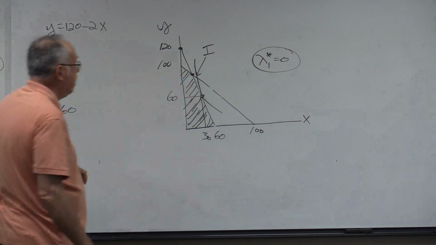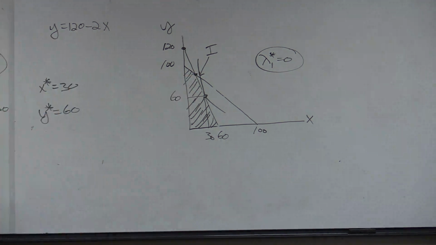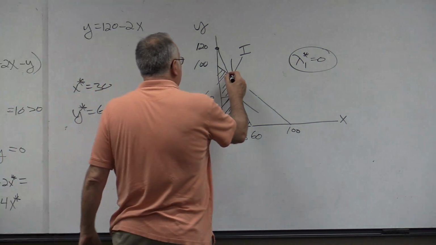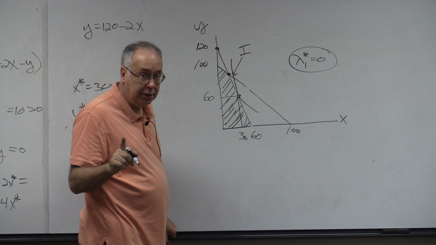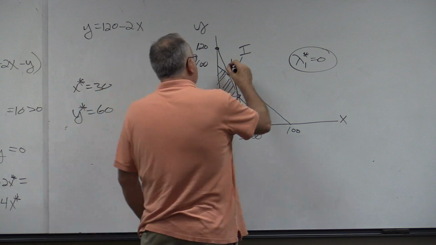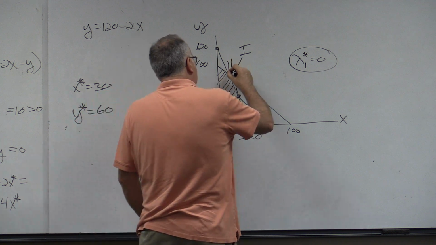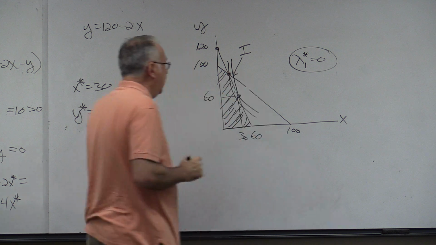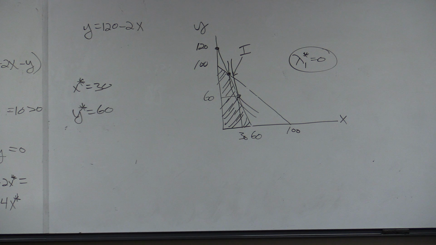If you were actually to be at this kink point where you're exactly satisfying both constraints, you would be at a lower level of utility at this point right here. Okay. Does that make sense?